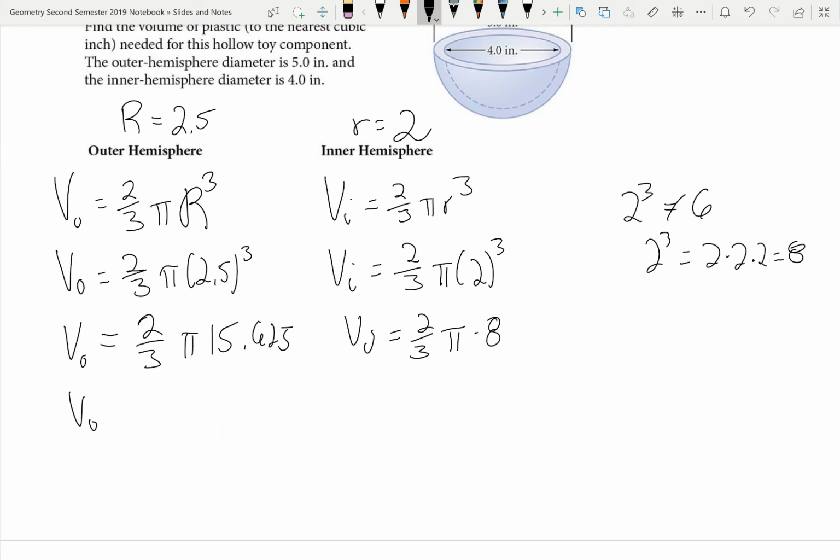So that means the volume of the outer is approximately equal to 32.7. And the volume of the inner is approximately 16.8.